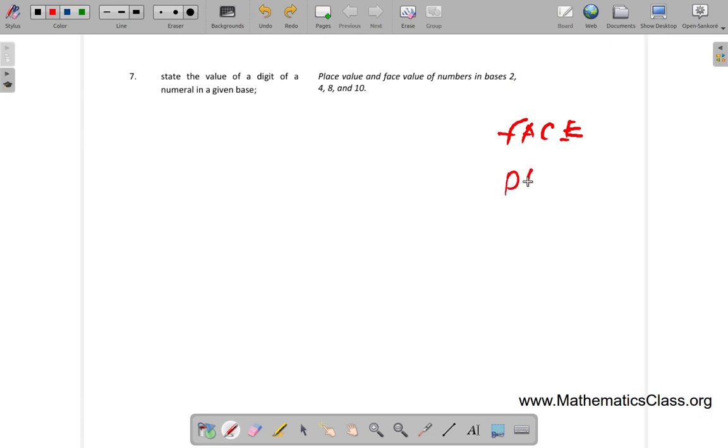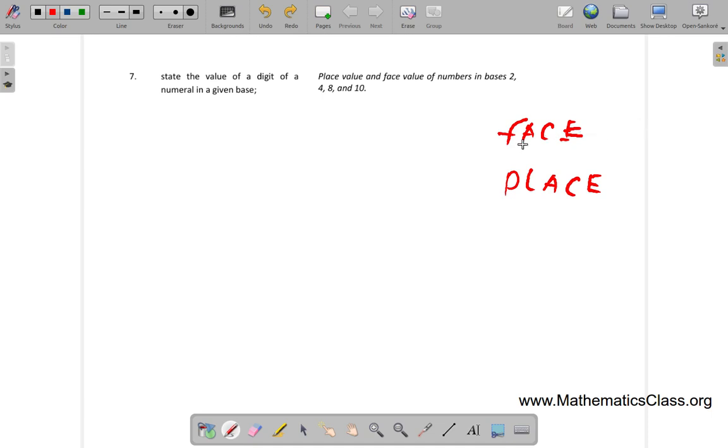But the place value of the digit really is that digit multiplied by the value of the column that it is placed in, or the position, well, column if you're using a table, the position that digit falls into.